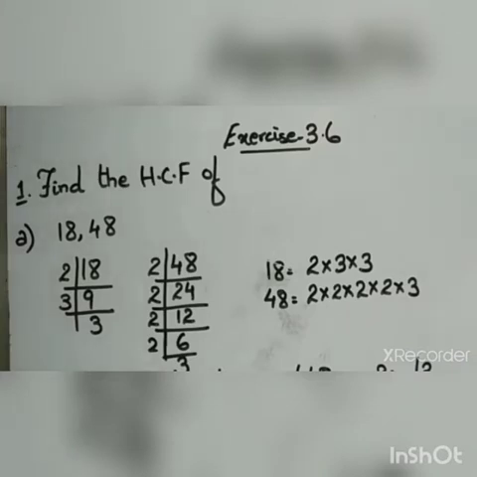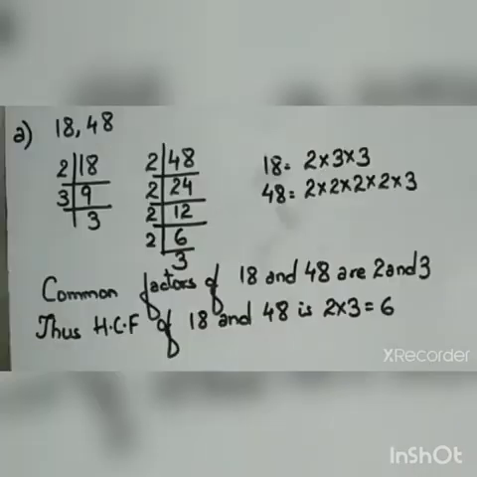So my numbers are 18 and 48. I will do the prime factorization of 18, which comes out to be 2 into 3 into 3. Similarly, the prime factorization of 48 is 2 into 2 into 2 into 2 into 3.